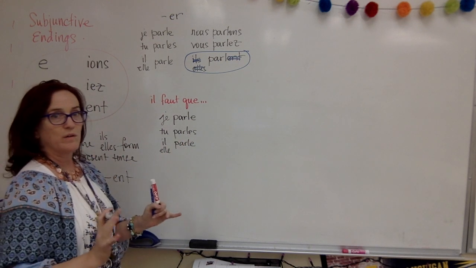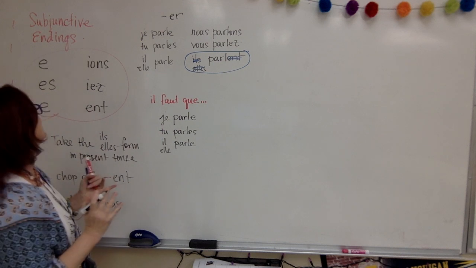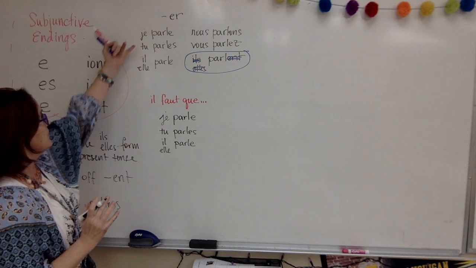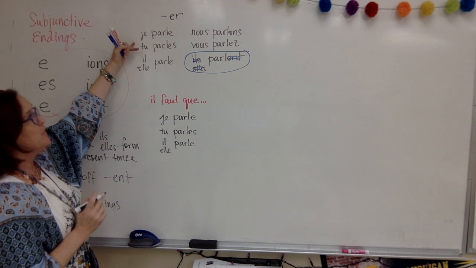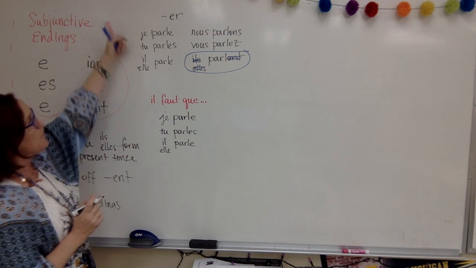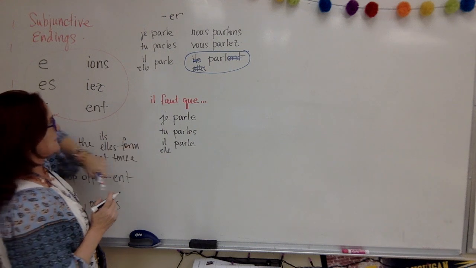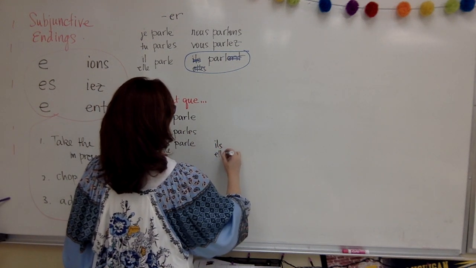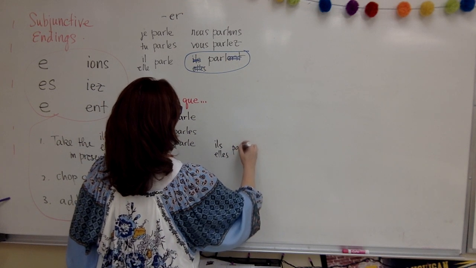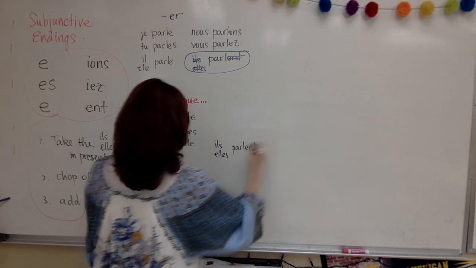Okay, so far you guys are going, wait a minute, this looks exactly like the present tense of the indicative, the normal one. You're right. So far, with an ER verb, these look exactly alike. And as a matter of fact, so does this. These look exactly alike.